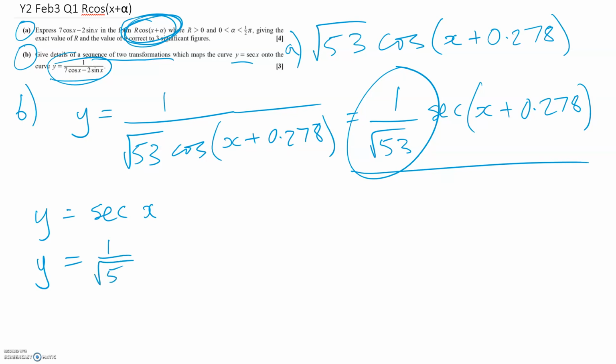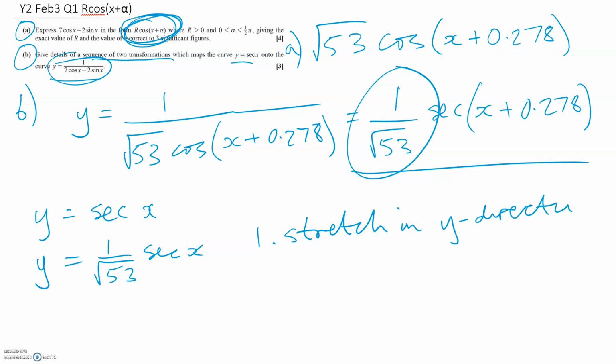So the first transformation, call it number 1, is a stretch in the y direction by a scale factor 1 over root 53. So that's the first transformation, and then you can see here we now need to transform this x to this.